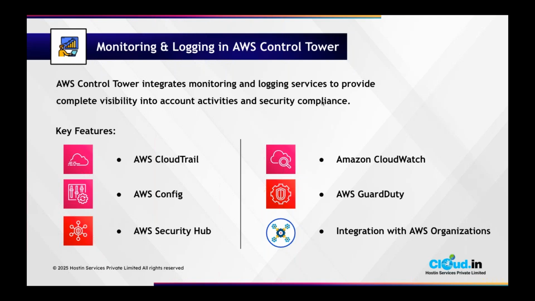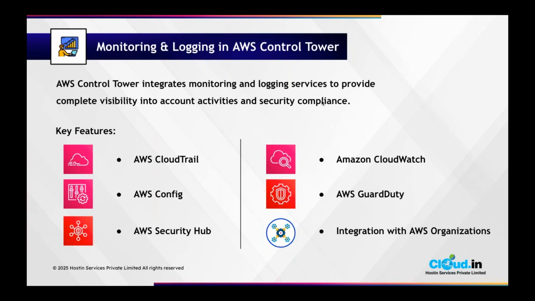Next, coming to the second key feature, that is AWS Config. Now CloudTrail tells you what happened, but AWS Config goes a step further. It tracks changes in resources over time.